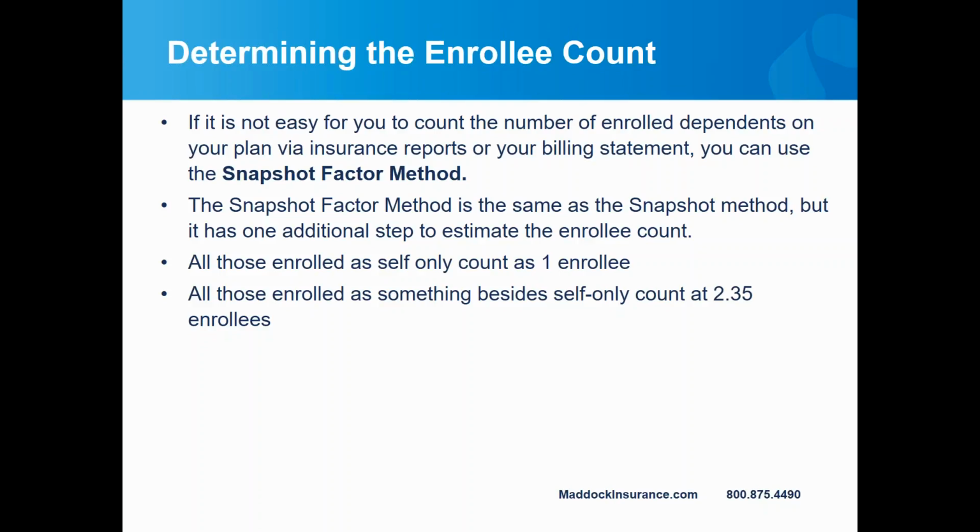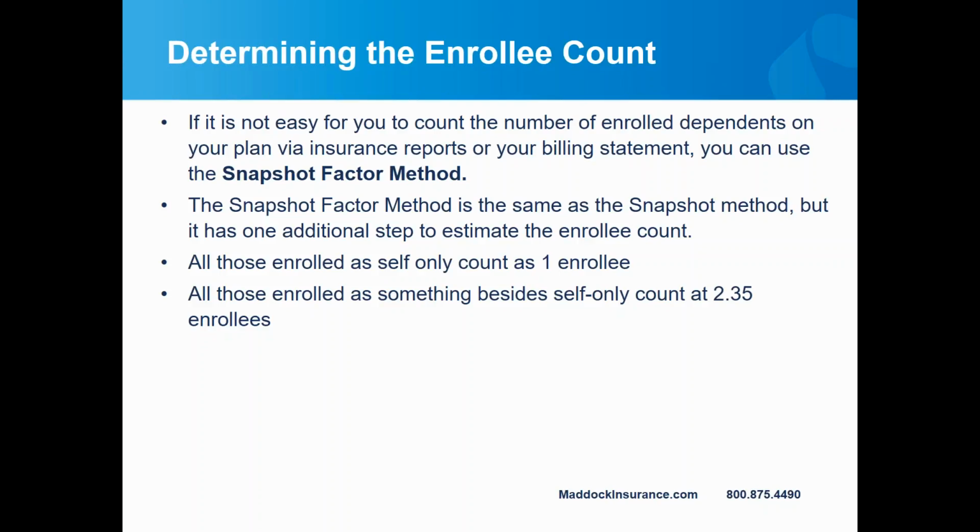So you count for the first 3 quarters like we showed before, but you count each single employee enrolled as self-only as 1, and then anybody enrolled as something besides self-only, you count them as 2.35. So obviously that's going to overestimate anyone that's just employee and 1 child, or employee plus a spouse, but then full families, it kind of brings it down. So anyway, that's a quick way to do the count.